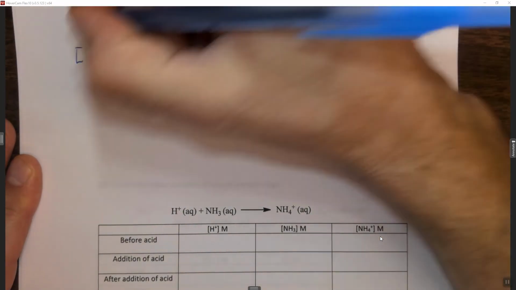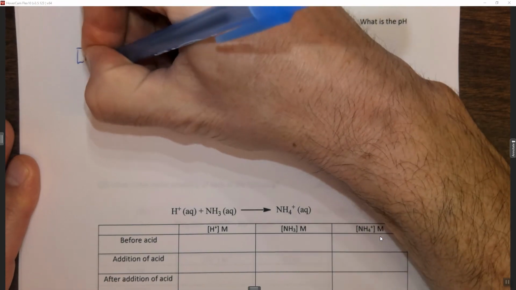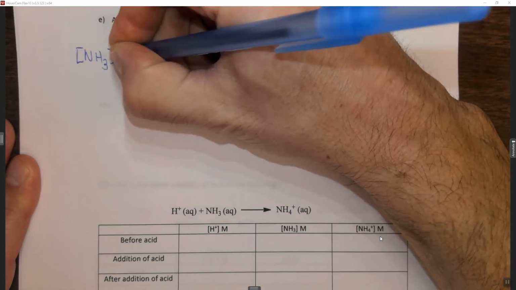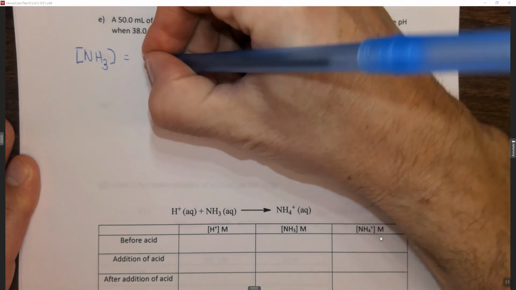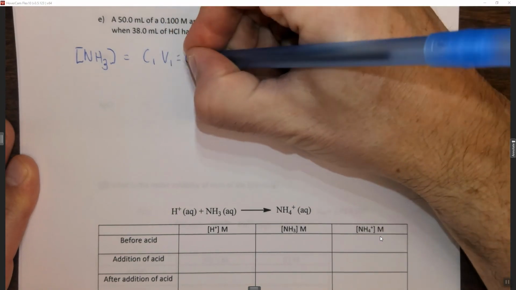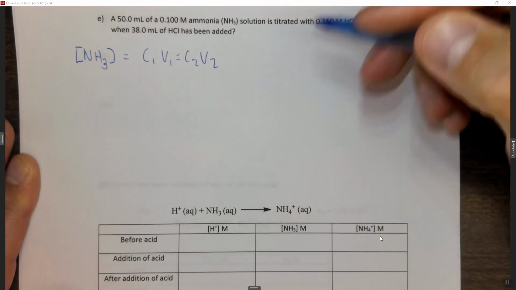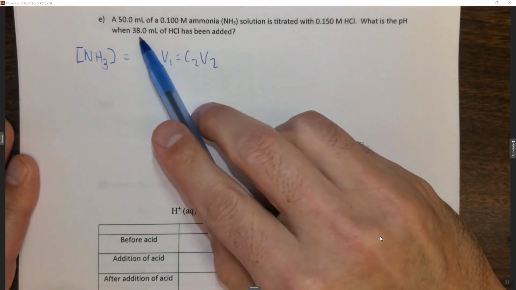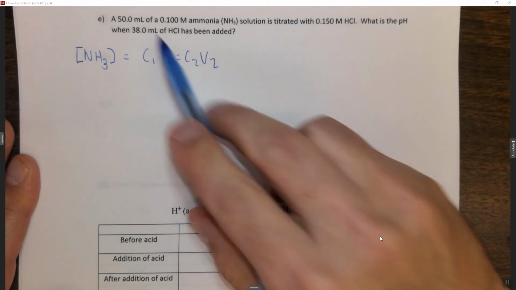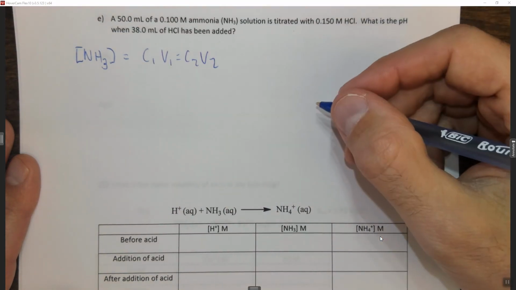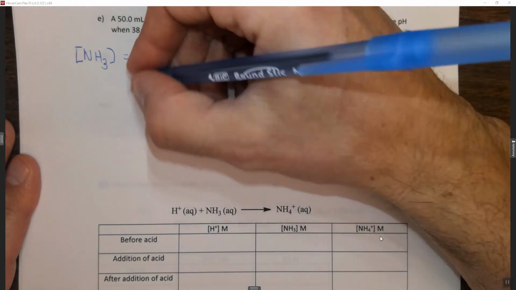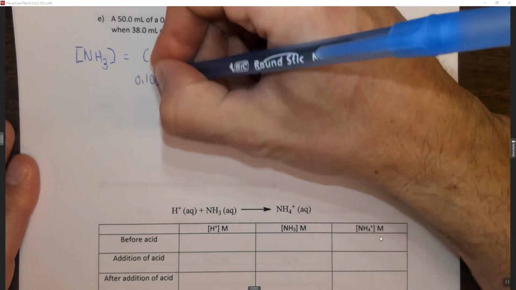So this is very similar to what we did before. So the concentration of NH3 is going to be found by C1V1 equals C2V2. Okay, you can't use the values from before because before we added 15 milliliters and now we added 38, so the total volume is going to be 88 milliliters. So we have a different total volume. But in this case, the initial concentration is 0.100 molar.